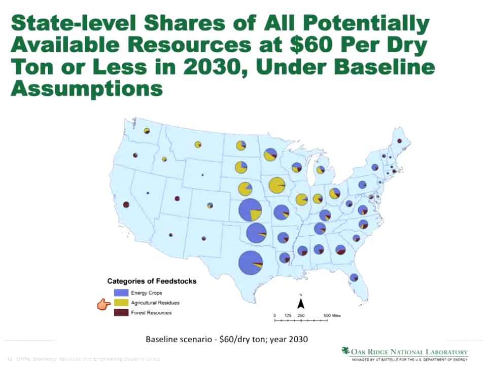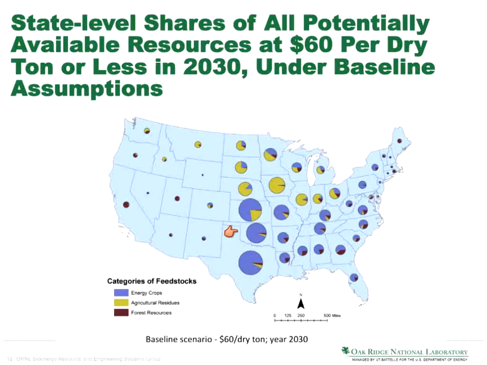For example, agricultural residues come from parts of the country like the Corn Belt, where we're producing agricultural crops. Forest residues come from the southeast, the northeast, and the west, where we have forest resources. And our energy crops are projected to largely come from the plain states.